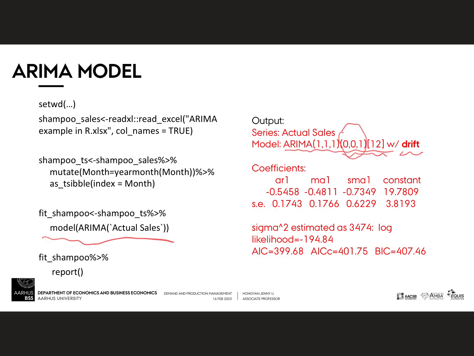I changed the color. The seasonal part for this model is only related to residues, because the capital P equals 0, capital Q equals 1, and capital D equals 0. So we only add the seasonal residues into your forecasts.